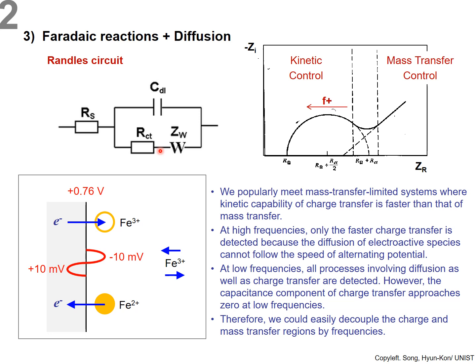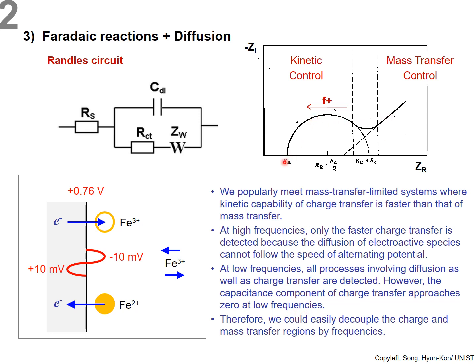So we don't need to think about the capacitance value. It means the y-axis value. Again, I'd like to read again. However, the capacitance component means the y-axis value. The capacitance component of charge transfer approaches zero at low frequencies.